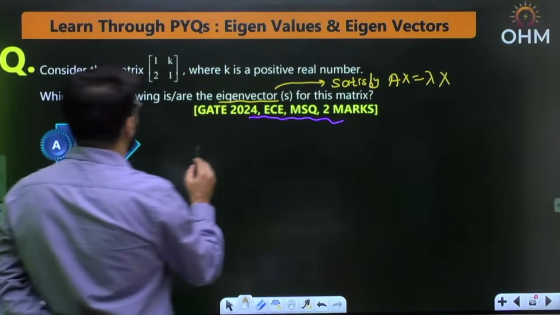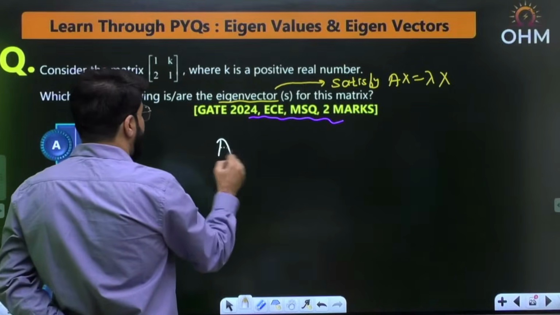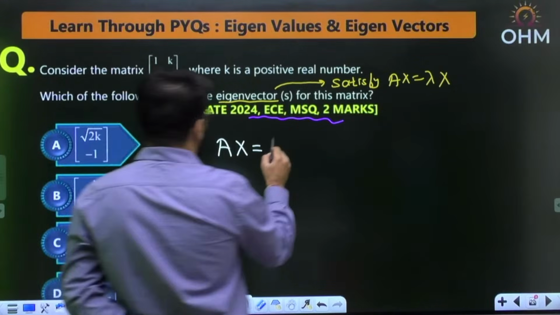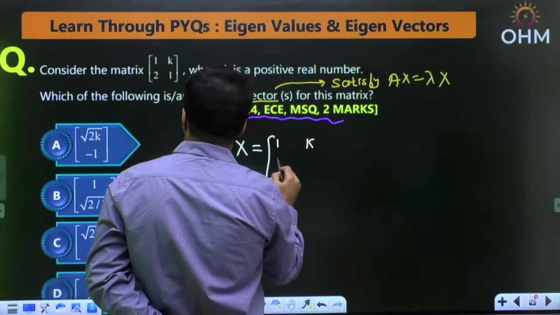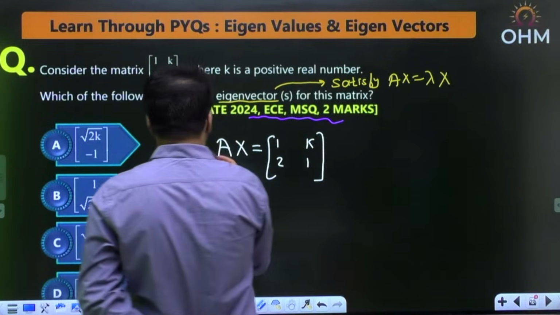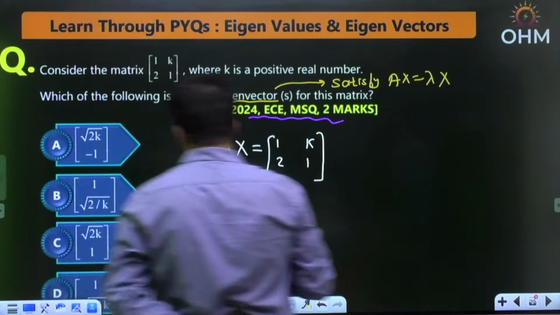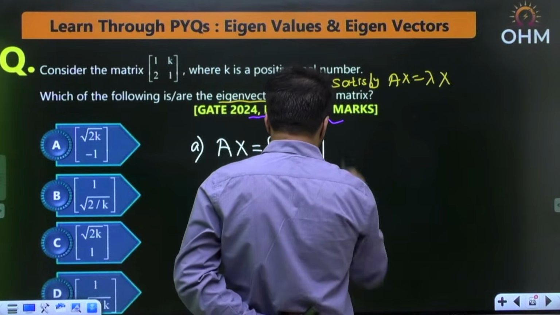So let's do it. What is there in this question? If I take A into x, I'll take 1, k, 2, 1, and x I have to verify from the options. Let's go with the options. What is option A?